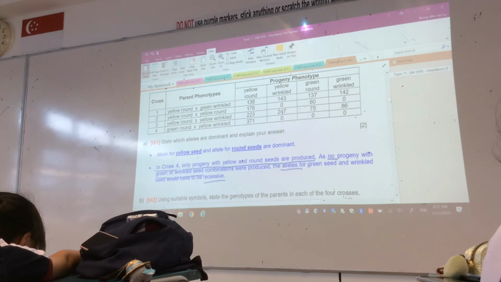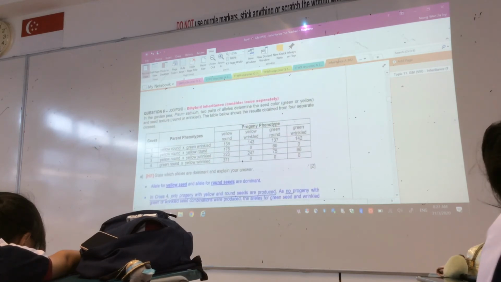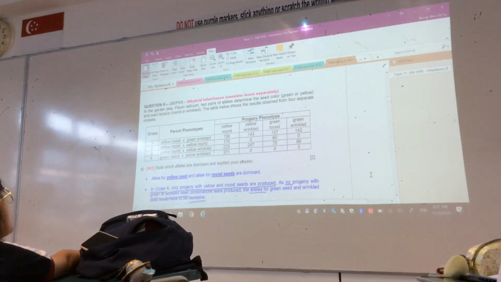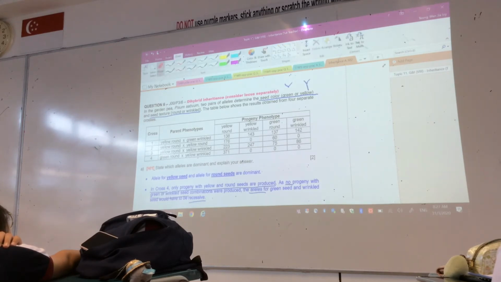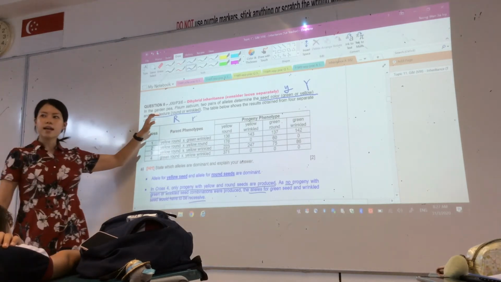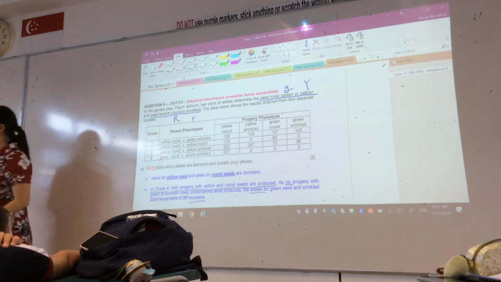So for yellowness, we are going to use big Y. For greenness, we will use small y. And then round and wrinkled. Just for ease of remembering, we are going to use these symbols, and you have to write them in part 2.